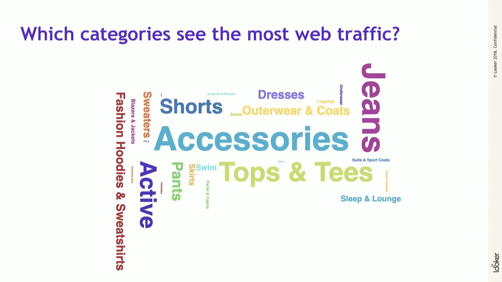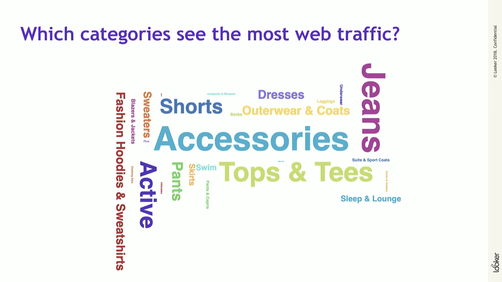So let's take a look at a few more examples to illustrate this point. Going back to the e-commerce store that Mare was talking about, let's say we want to know which categories of products are bringing in the highest level of web traffic. In this case, this word cloud does a decent job of calling attention to things like jeans, accessories, and tops and tees, as those are categories with the largest words on the screen.